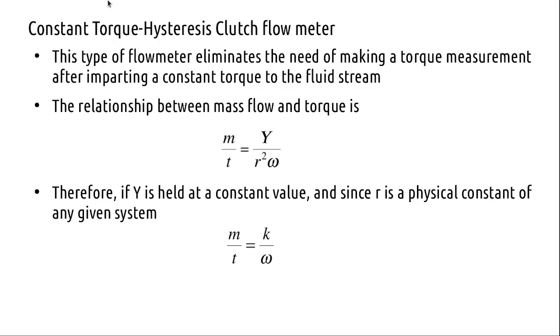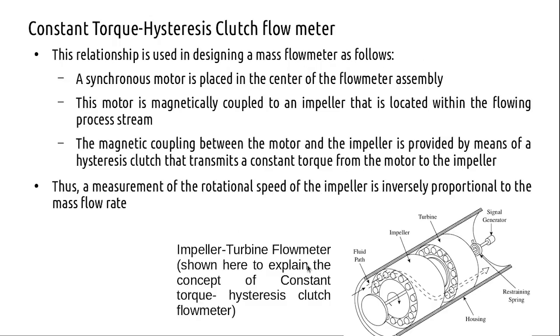So say here you are holding Y and your radius of gyration is constant, so you have this simple relationship. This is proportional to the angular velocity, right? So this is the idea. This is not a hysteresis clutch flow meter.